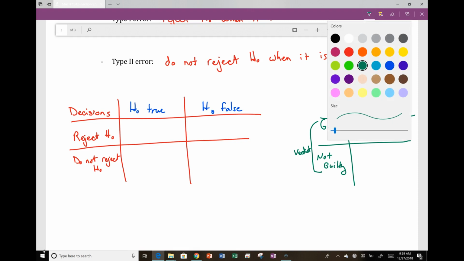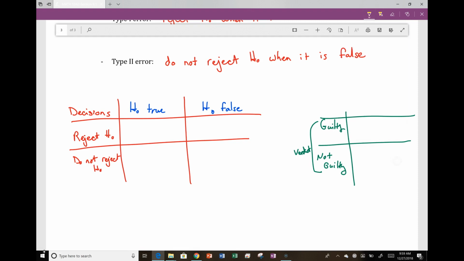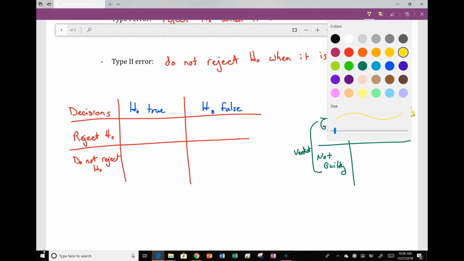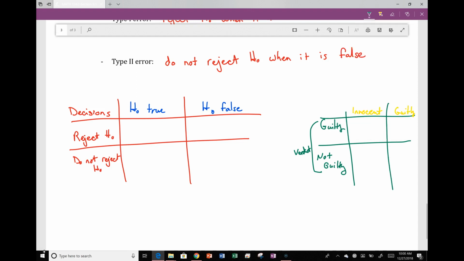Well, reality is that they are innocent, or they're guilty. Okay, so these are the possible outcomes when we're talking about the court of law.